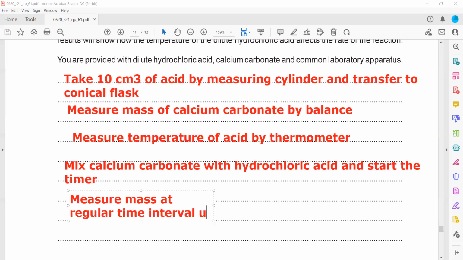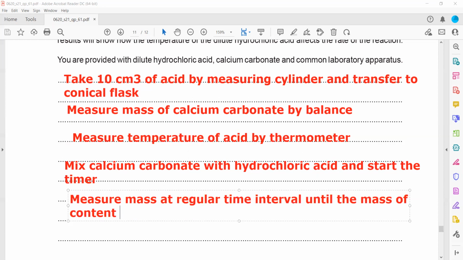When the mass of the content in the flask is not changing, it means the reaction is completed, or the reaction stops. Then we should change the temperature and repeat the experiment with different temperature readings, higher or lower temperature.